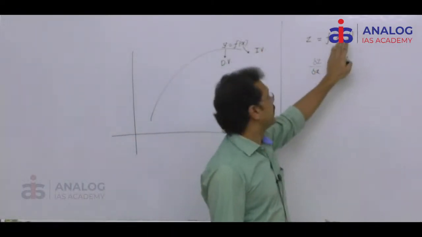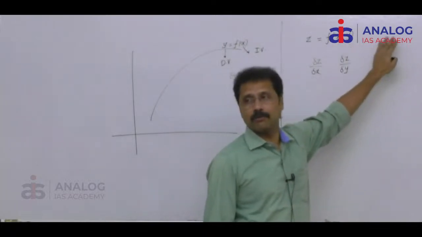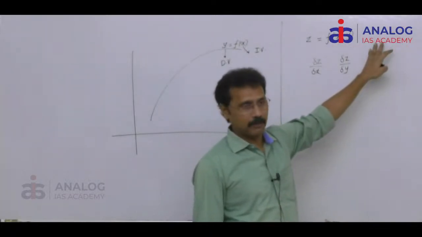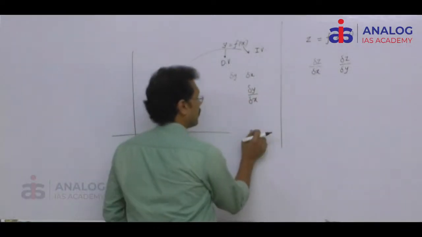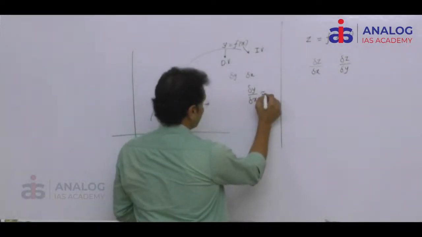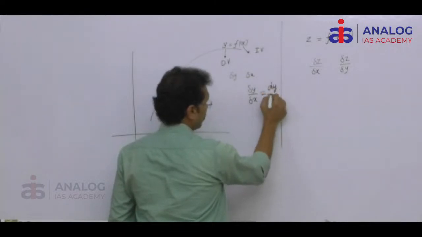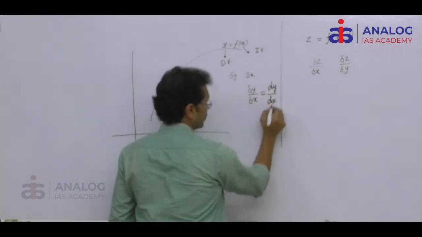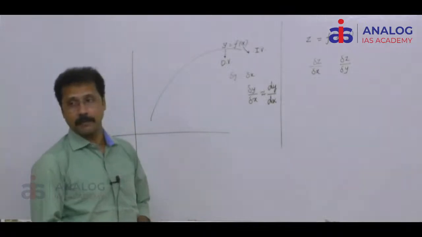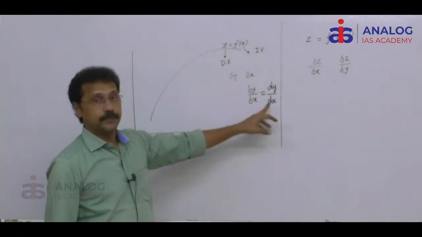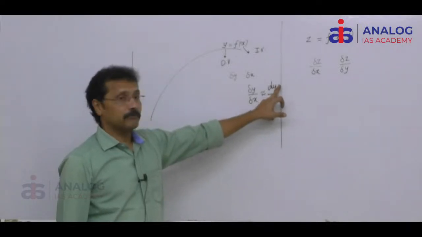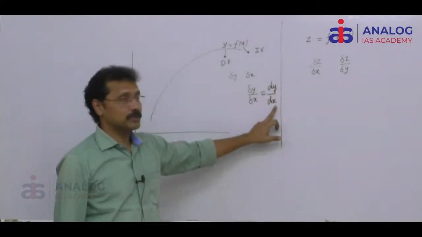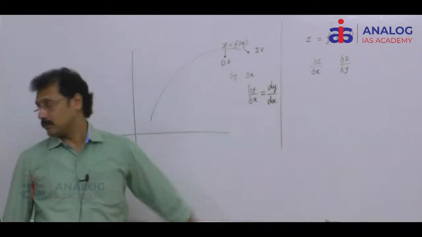It can be two independent variables or three or four or n independent variables. So to distinguish between them, we write this as dy by dx, which always tells us that the changes in y totally depend on changes in x alone and nothing else.